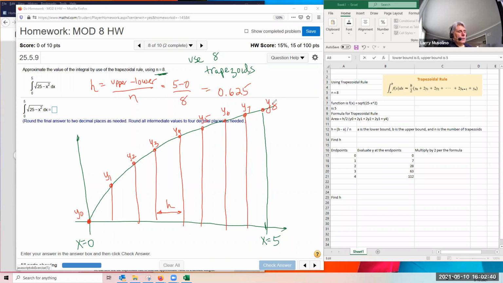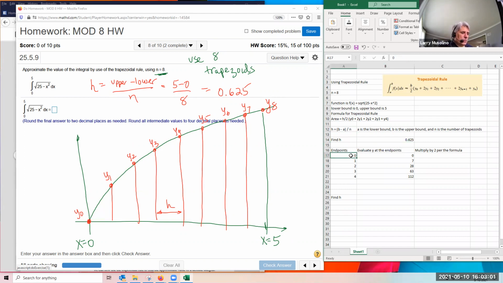All right, so let me write out the endpoints. So first of all, let's calculate h. We already did it, but I'll just do it here in Excel. It would be 5 minus 0 divided by 8. So it's 0.625.